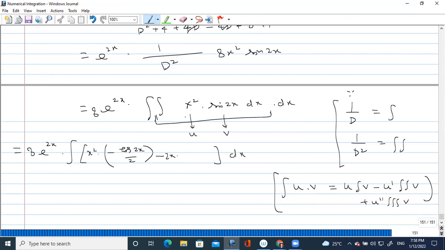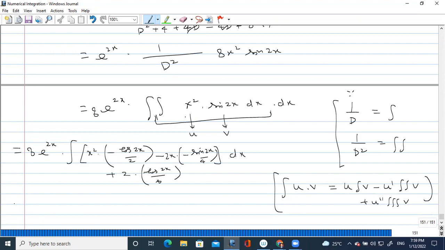It will become minus of sine 2x by 4. And one more term will be there, plus. Again you differentiate this, it will become 2 only, and the triple integration of that will be plus cos 2x by 8. So now it is complete.